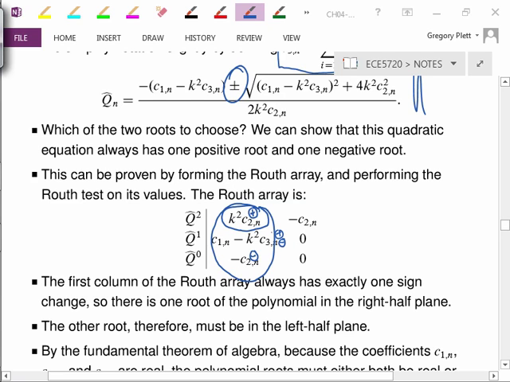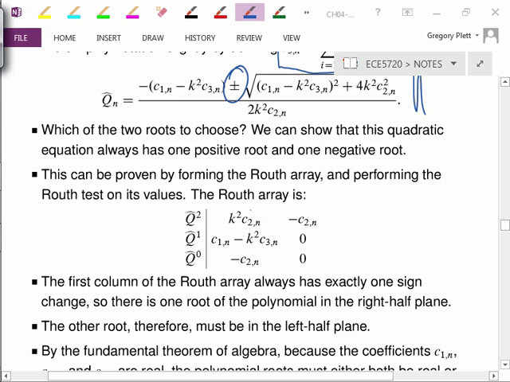Assume it is positive, then I'm going from positive to positive, 0 sign changes. From positive to negative, 1 sign change, 1 root in left half plane. Or if this is negative instead, I go from positive to negative, 1 sign change, negative to negative, no additional sign changes, so there's still 1 sign change, which means there's exactly 1 root in the left half plane.